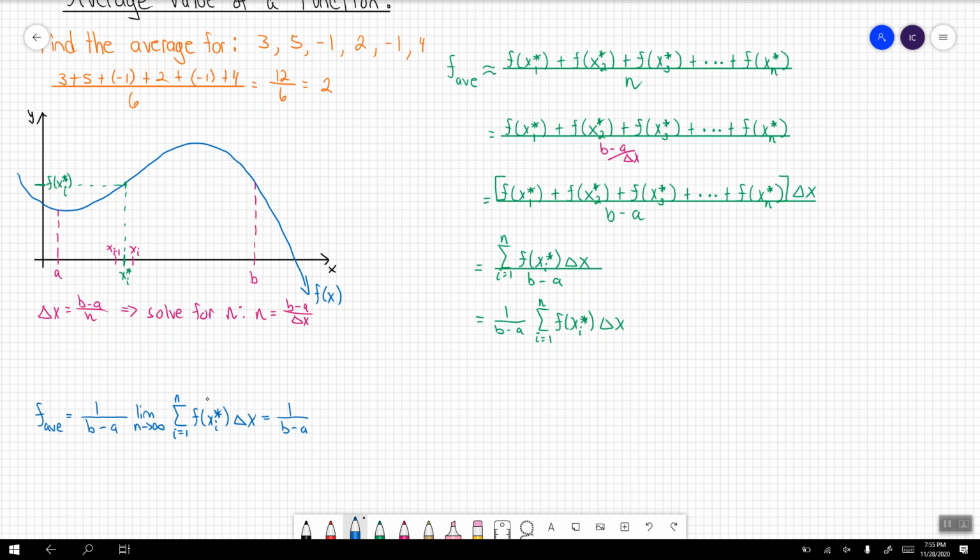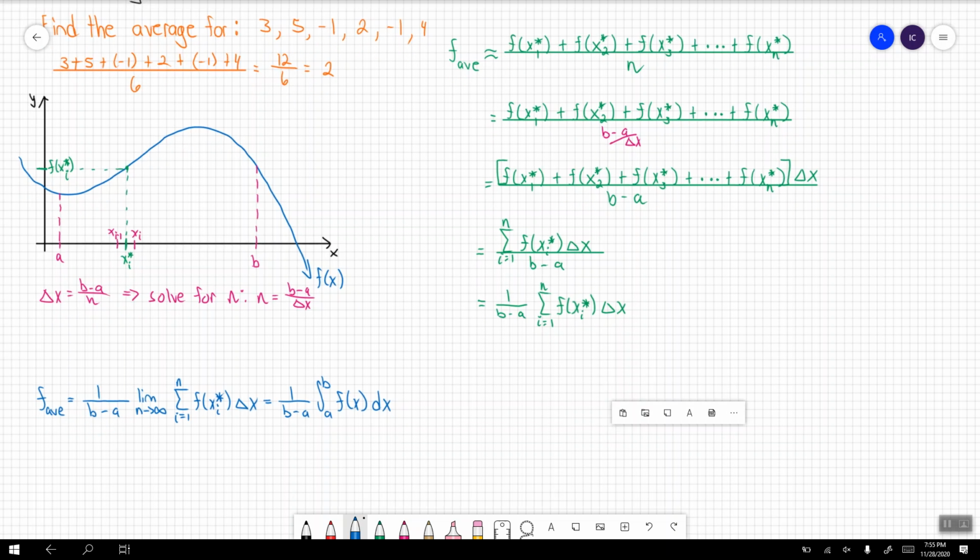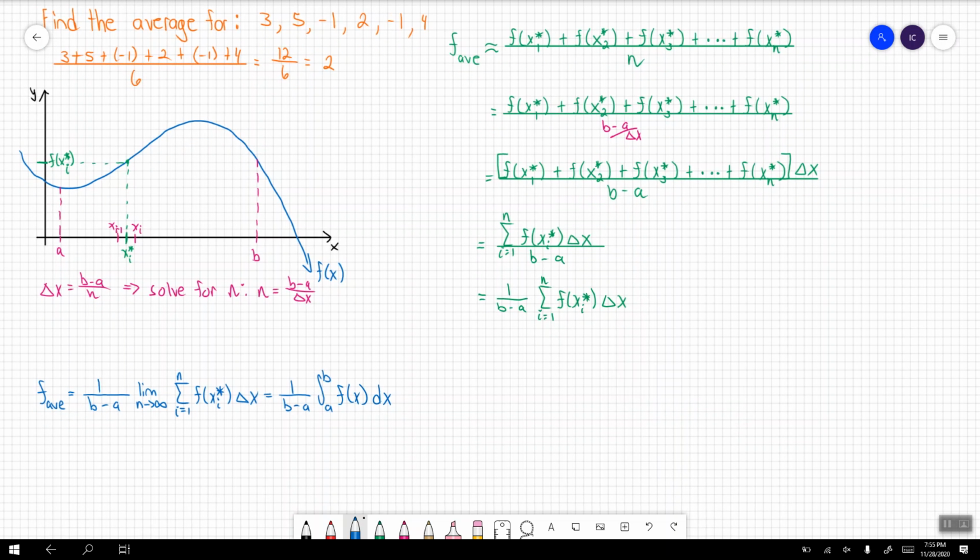Which means I can represent that Riemann sum as a definite integral. And here we have that the average of a function can be calculated by the integral of the function from a to b divided by the difference in that interval.